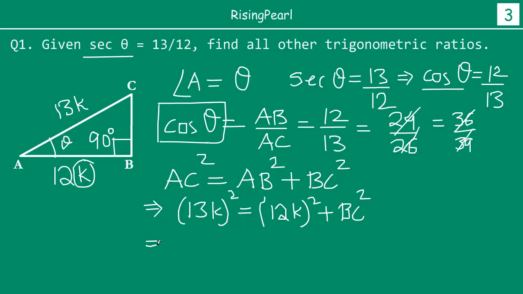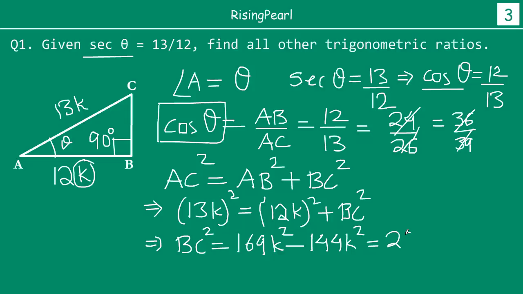From here this implies BC square is 13 square, which is 169k square, and if you take 12k square to the other side, plus will become minus. 12 square is 144k square. If you do the subtraction, you will get 25k square.